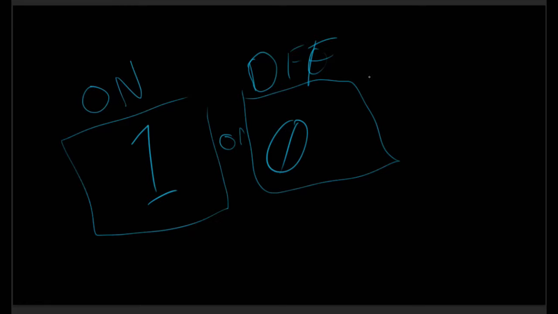So the way we get a computer to understand things from us is we say, okay computer, I'm going to give you a sequence of 1s and 0s, and if it's this sequence, it means this. This is called a bit, and that's all a computer understands, equals a 1 or a 0.